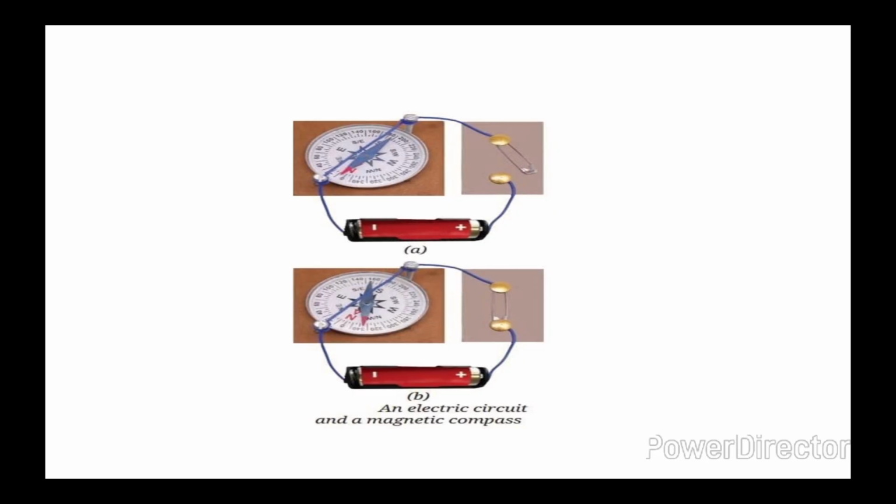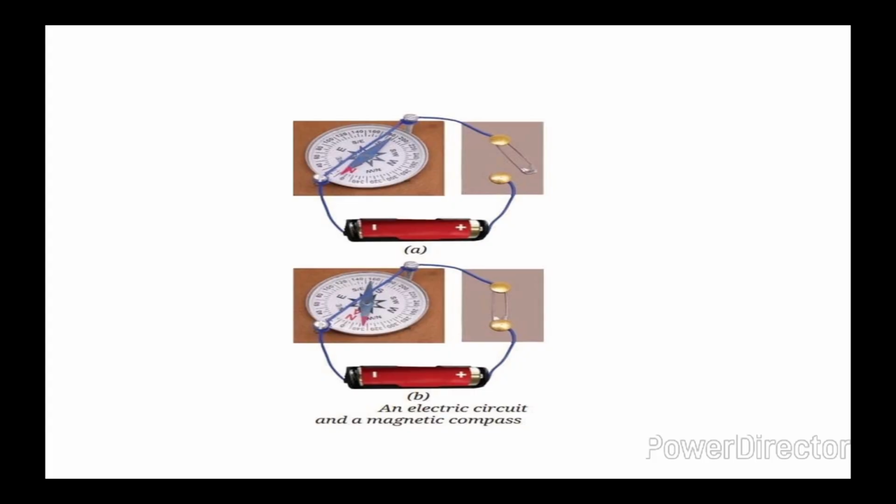And you have to build the circuit as you are seeing in the figure. In the first case, the pin is connected between the 2 wires, and in the second case also the pin is connected between 2 wires. In one case the circuit is closed, in the other case the circuit is open.